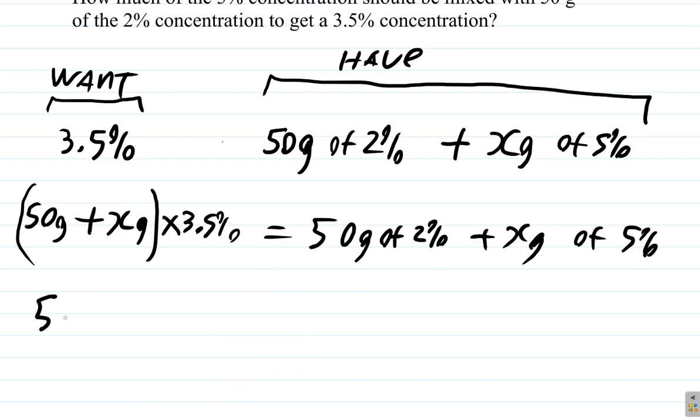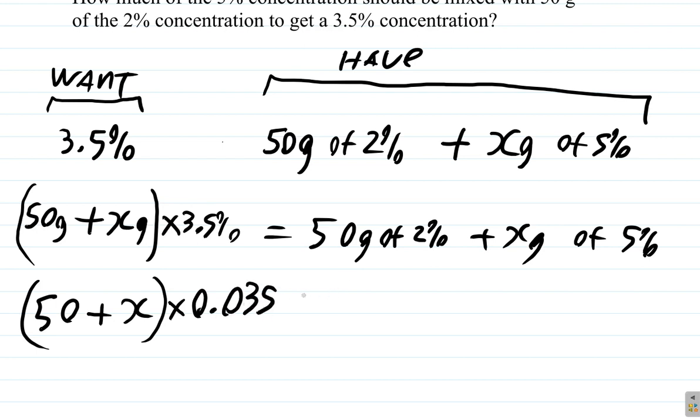So here, you have 50 grams plus X grams of the 3.5%. 3.5% is the same as, if you move the point 2 places to the left, you're going to have a 0 under here. So it is 0.035. Alright?